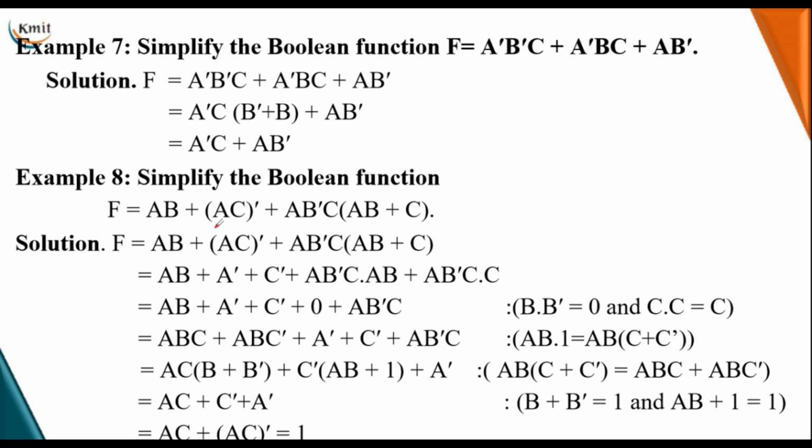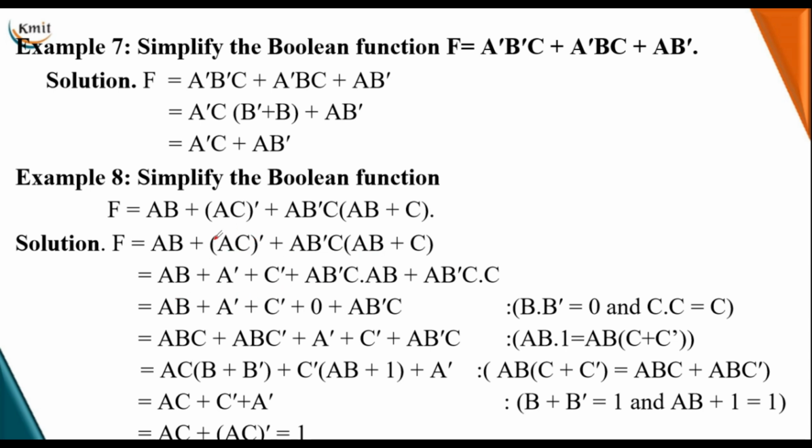Next, simplifying the expression (AB or of AC) whole bar or of AB bar C and of (AB or of C). Let me remove the parenthesis first: AB or of (AC) bar or of AB bar C, (AB or of C).